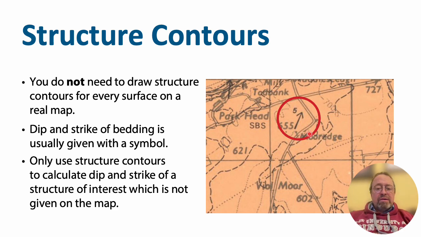You might get the strike and dip symbol that we've been using, but arrows are pretty common. In general, we often only use structure contours to draw geological cross sections when we don't have that sort of information, when of course the topography allows that to happen.